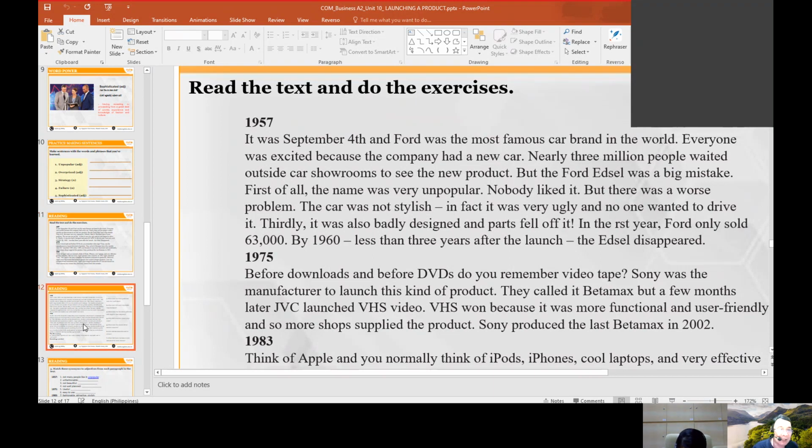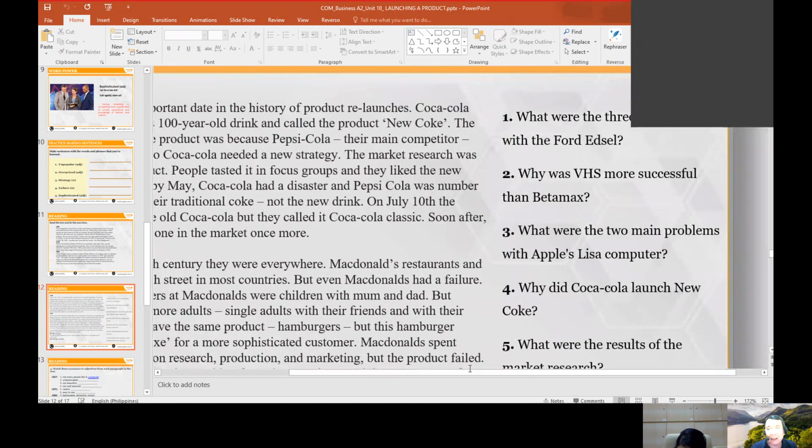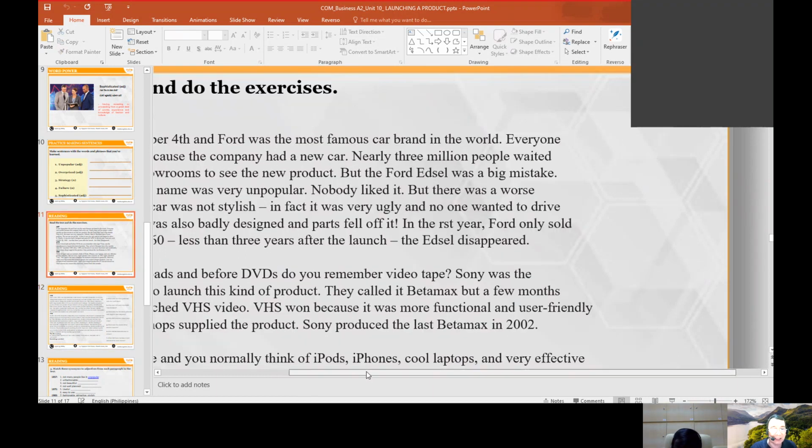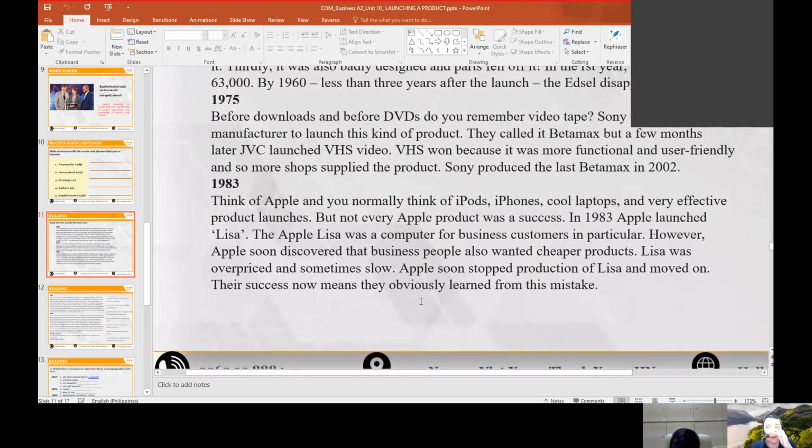Okay? And then question number 3. What were the two main problems with Apple's Lisa computer? Okay. What do you think would be the two problems of Apple Lisa?